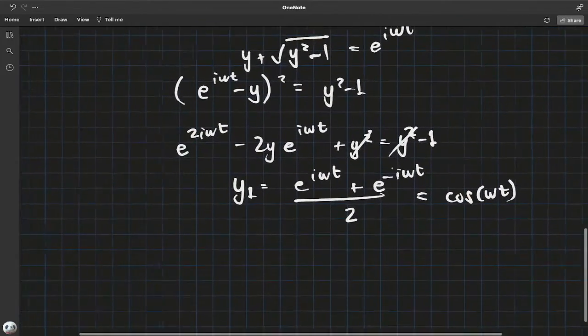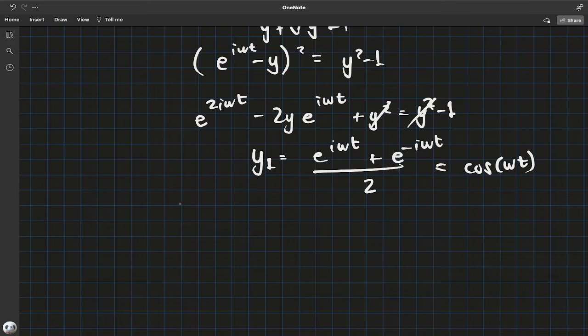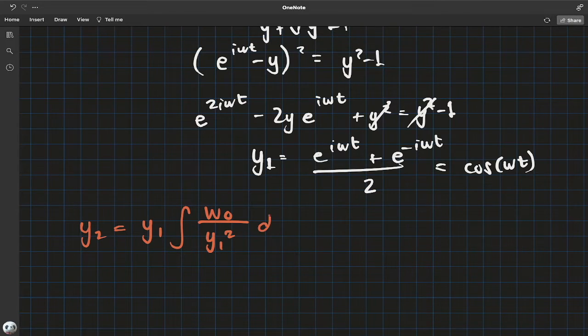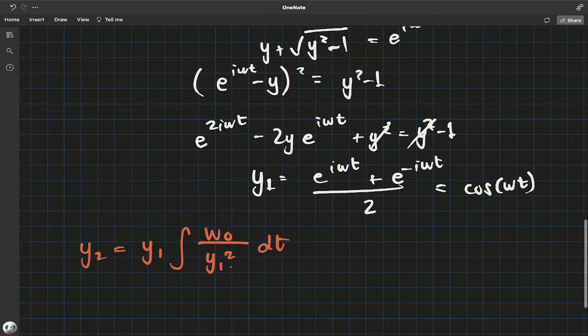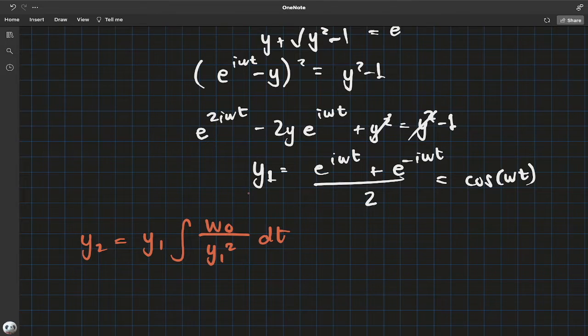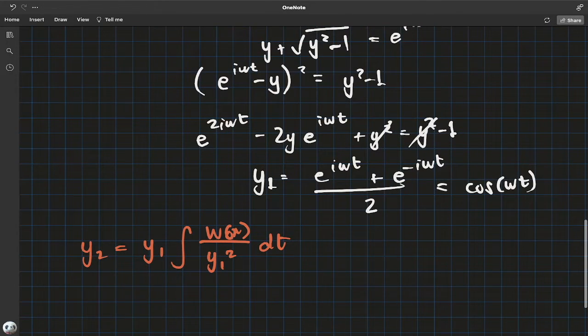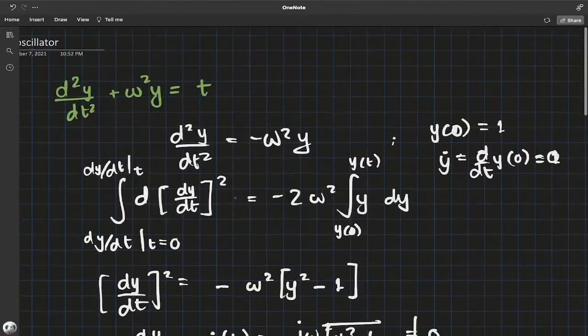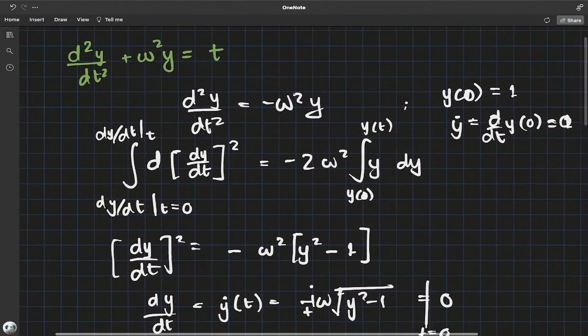Now for the second homogeneous solution, and let me just change color. For the second homogeneous solution, we can just use the equation we derived in one of my videos. It's just this. Now this is actually the Wronskian here, but if you see the differential equation we started with, the coefficient for the first derivative term was 0 because there is no first derivative term.